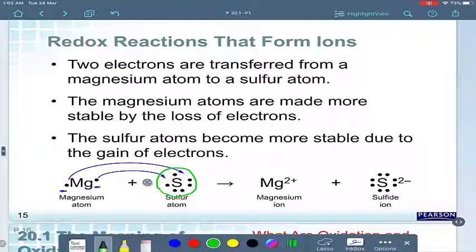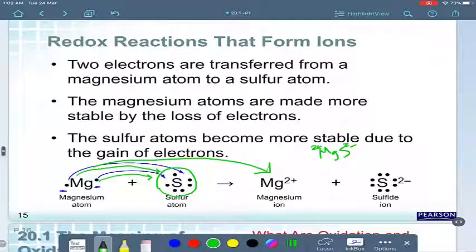It gains these 2 electrons from magnesium. So magnesium loses electrons and changes into Mg positive 2 in the compound. The compound is MgS. If you remember, how can we identify the charges of each in the compound? Mg is positive 2 and sulfur is negative 2.